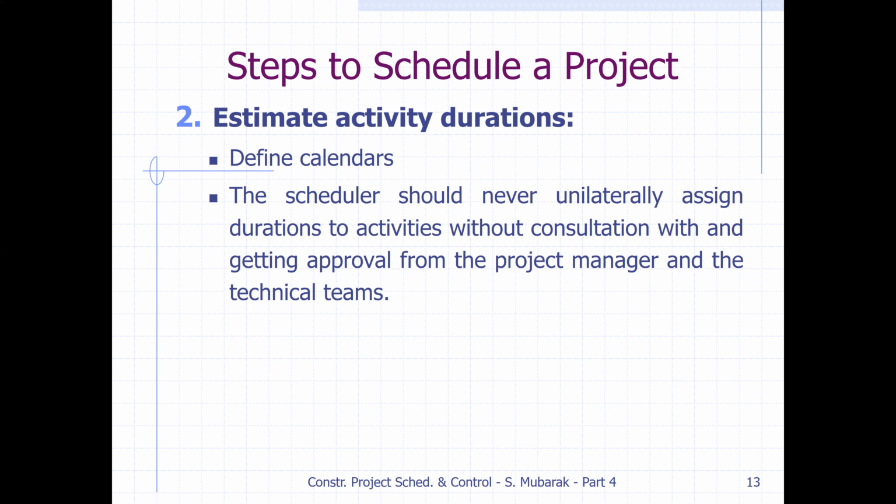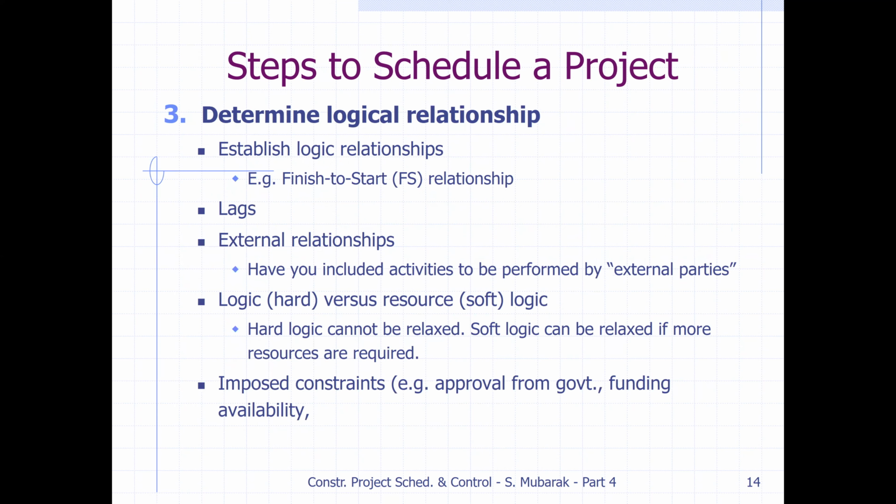The site construction team, construction manager, project manager and site engineers know how much time is required and what the difficulties are in actually executing those activities. So involve them in deciding the duration. Deciding duration should be teamwork, not individual work. You can discuss with the site people.